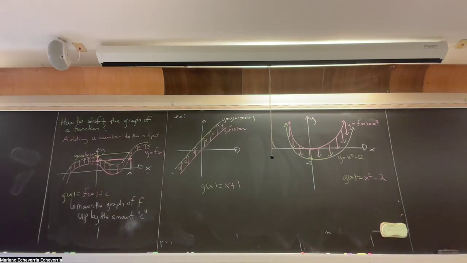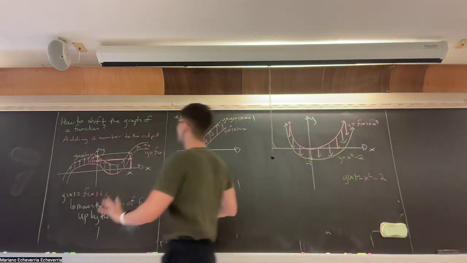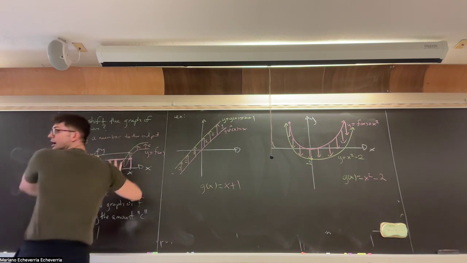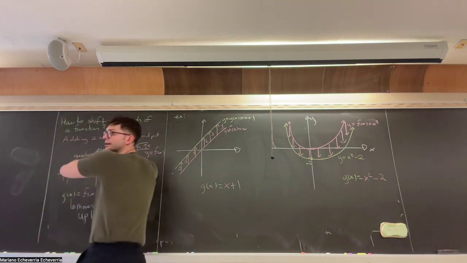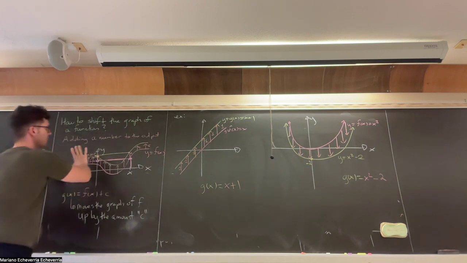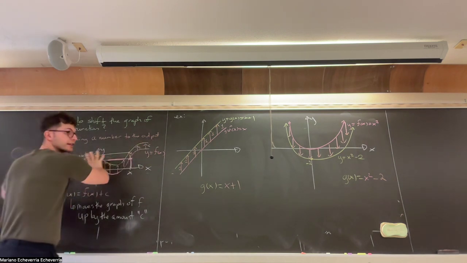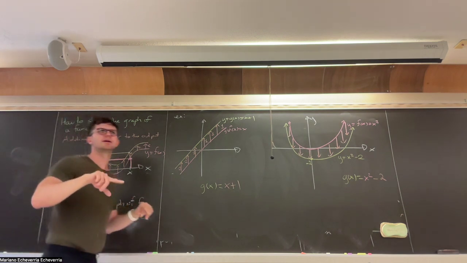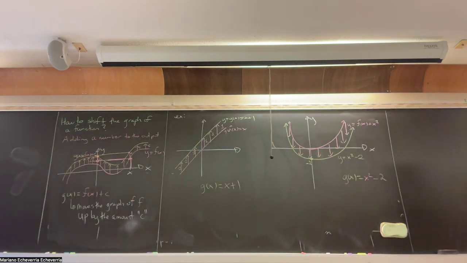And the last one, which is a little bit more confusing. What I did here is take the graph and move it up or down, depending on whether I'm adding a positive or negative number. The other way you can move a graph is left or right. Let's think about that one because it's a bit trickier.